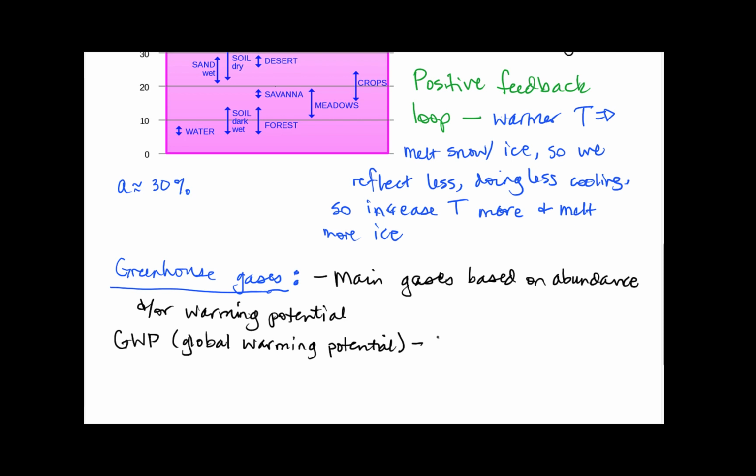And so this is a combination of first, how well the gas is going to absorb IR and how much of the spectrum it absorbs. And then two, its lifetime in the atmosphere.